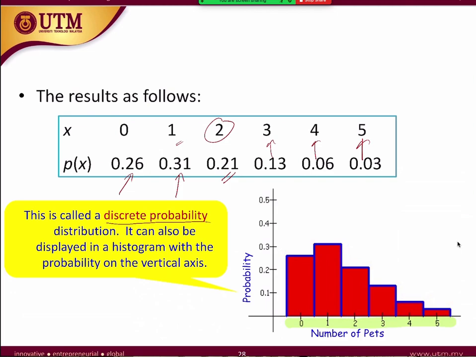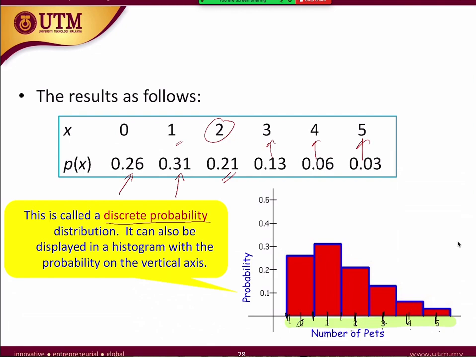For discrete, remember, it's counting, not measuring, so it is usually an integer number, like the number of pets 0, 1, 2, 3, 4, 5. We don't measure a range. There's no one who has 1.5 pets in the house.